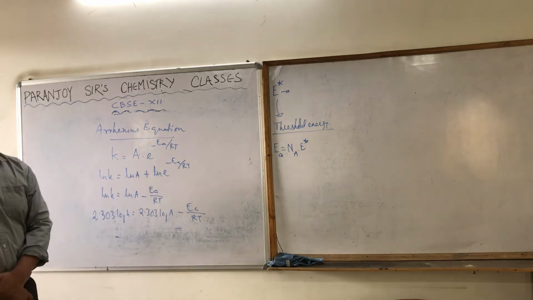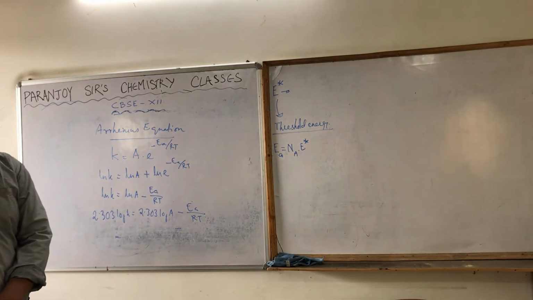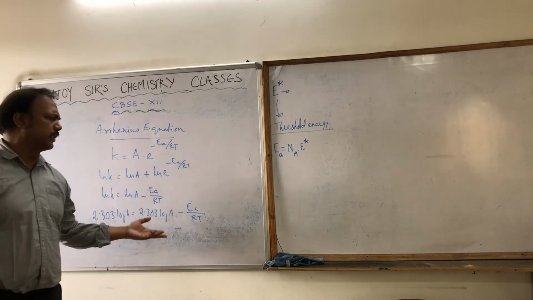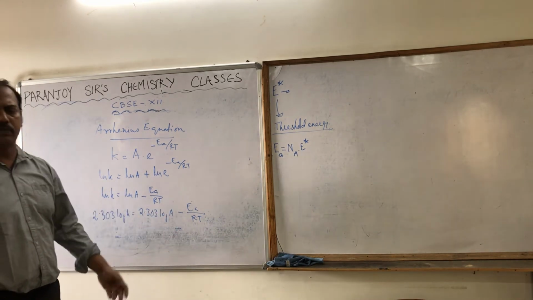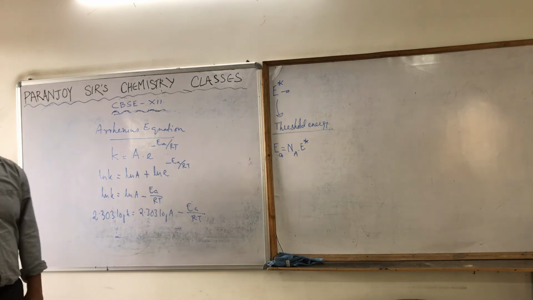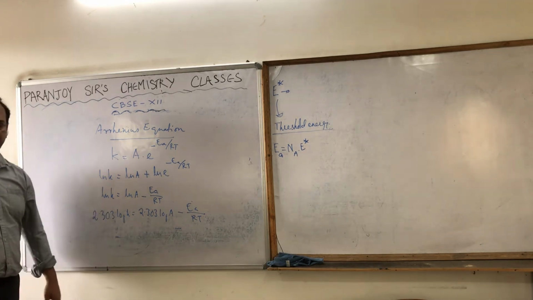As I told you, it's nothing. If you tell me to do it at 3 o'clock at night also I can do it, but you are doing it for the first time, so you need a little bit of practice. That's all. A simple mathematical derivation.